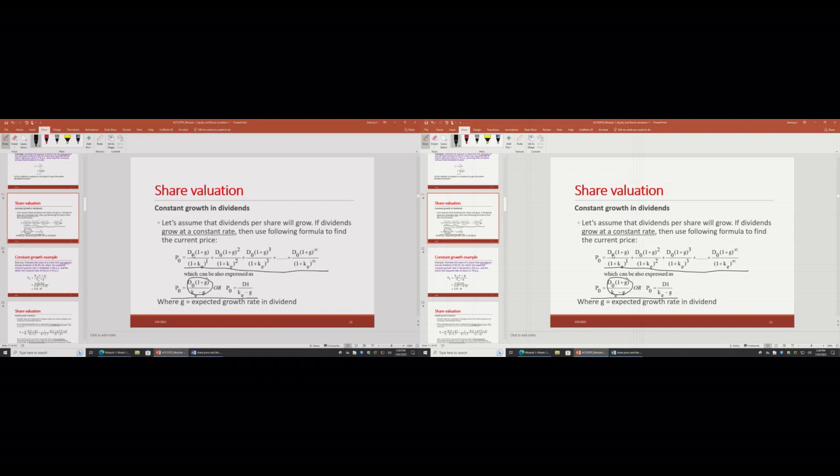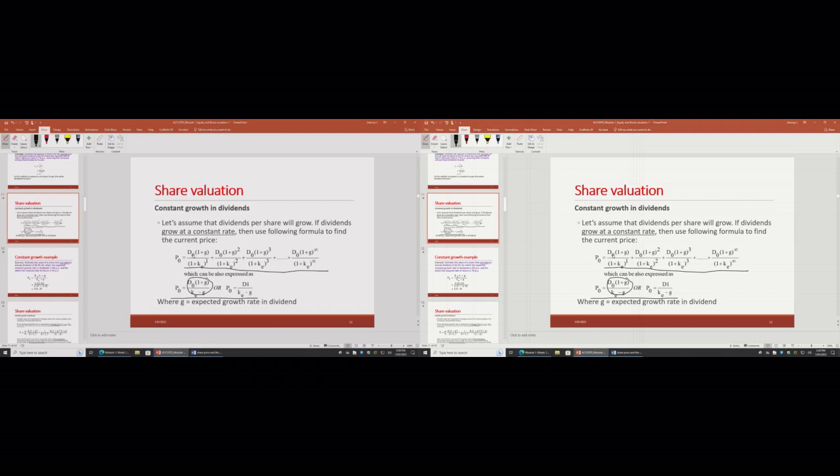You can check the company's official website, where they may have announcements about dividend payments. You can check the financial statements, which also disclose that information. So D0 you can get.